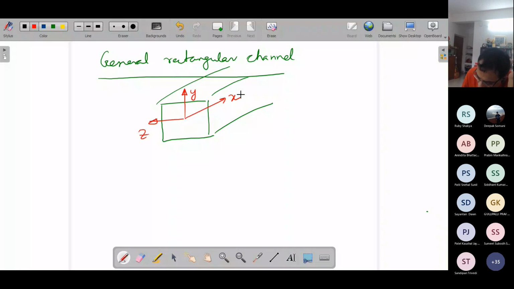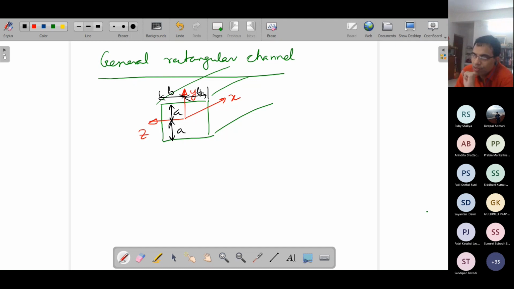Let us say that along the y direction you have dimensions a and a, just like h, and along the z direction similarly b and b. This is the new dimensionality added in the parallel plate channel problem.